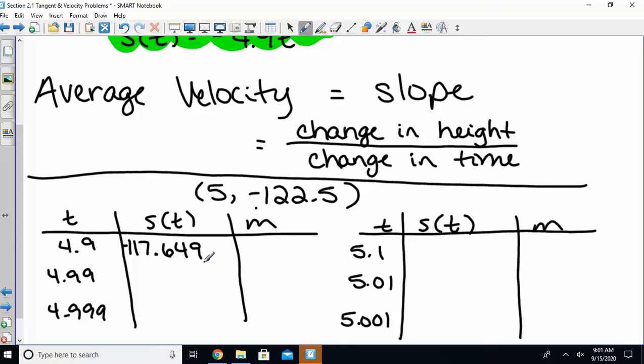Now I do my slope. My y2, negative 122.5, minus y1, negative 117.649, over x2, so 5, minus 4.9.